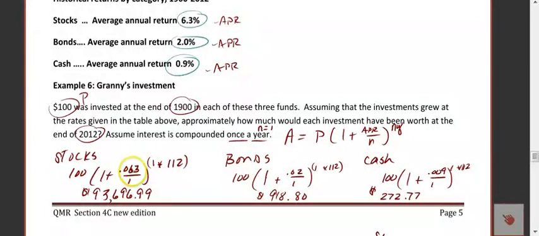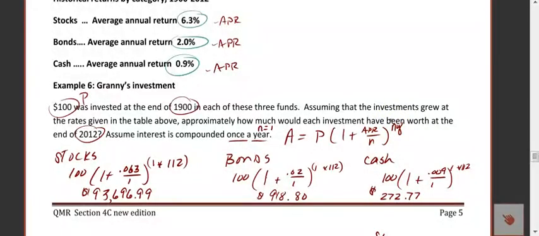Stocks earn 0.063, bonds earn 0.02, cash 0.009. We're going to leave that in the account for 112 years. From 1900 to 2012 is 112 years. And if interest is compounded once a year, that means in our formula the value of N is going to be 1.